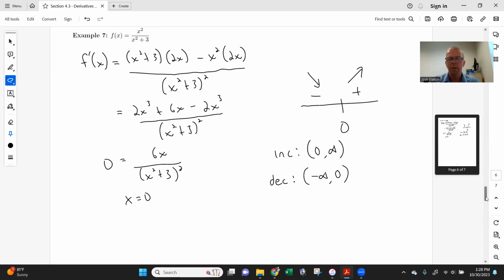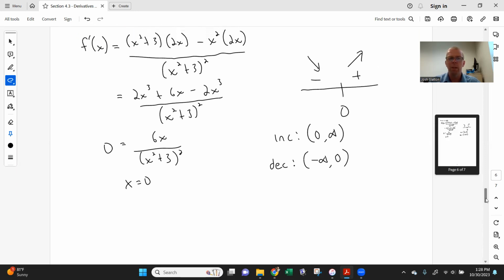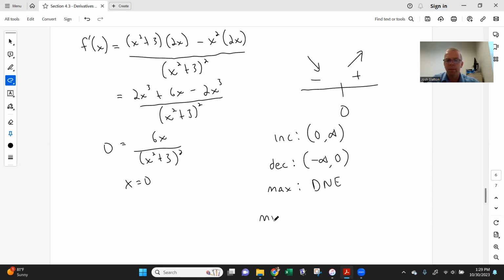We want to be very specific. All right, so we have decreasing, increasing, so that means we have a minimum but no maximum. So the maximum does not exist, and for the minimum, plug in 0, so f of 0, which is 0 squared over 0 squared plus 3, which is 0.